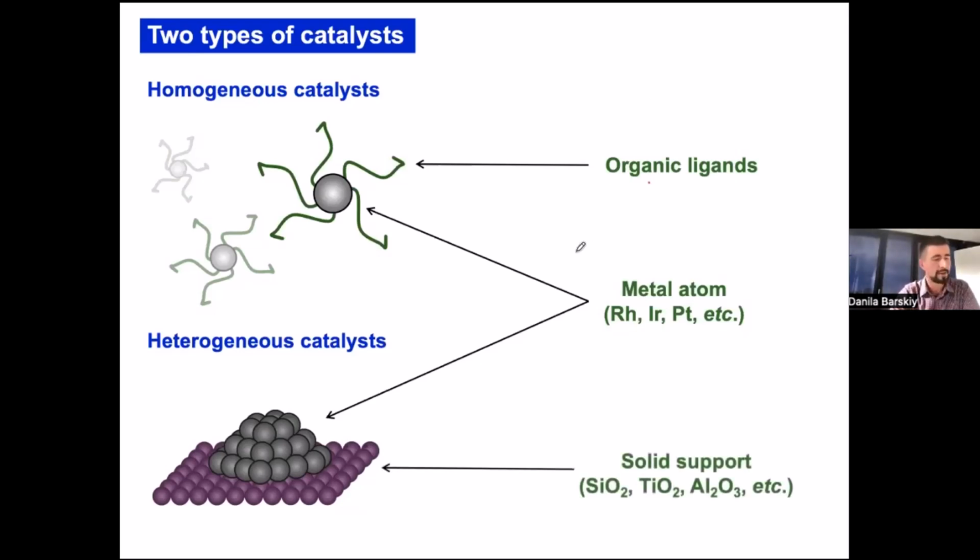And then you have heterogeneous catalysis. These are typically reactions with catalysts being metal particles, for example, clusters of platinum or rhodium on the surface of usually an inert solid support. And as supports, very often there is silica or silicon oxide, titania, alumina, and actually even sometimes carbon and other supports can be used.